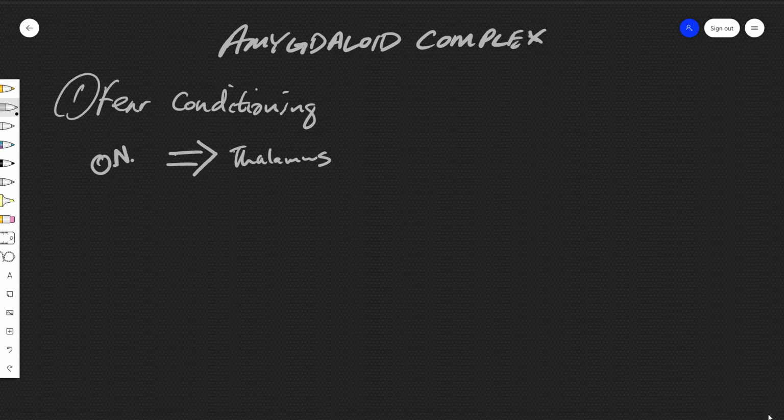A lot of sensory information passes through the thalamus, and then this information will go to the visual cortex.